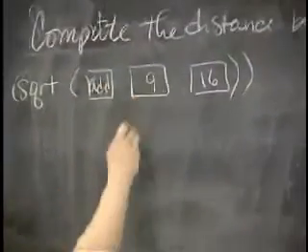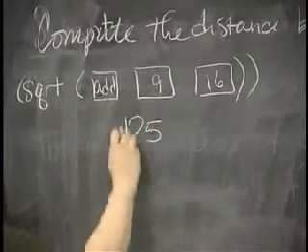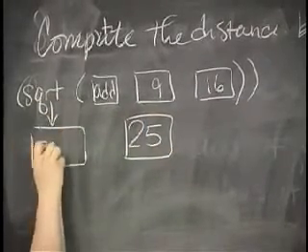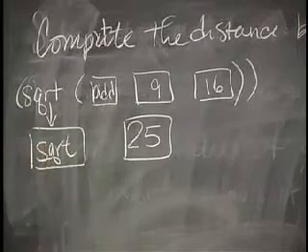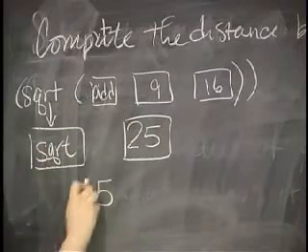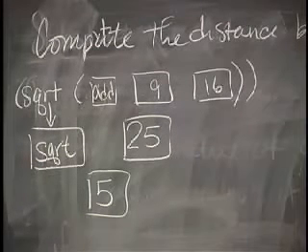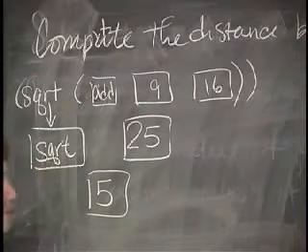Apply the first to the rest: 25. This is the primitive procedure square root. Conveniently enough, it came out even. Long, gory. That's the substitution model.